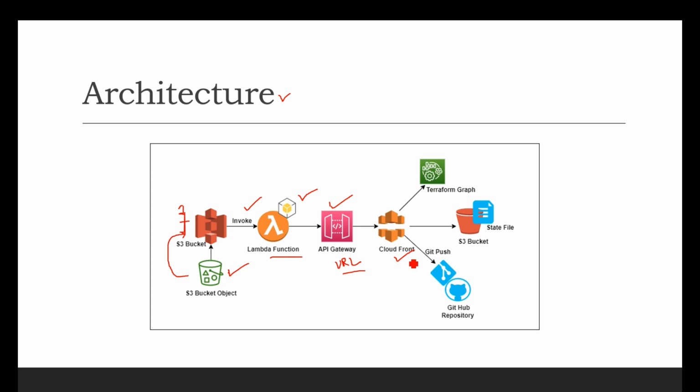So I'll use my content delivery network, CloudFront, as a cache service, and I will attach this API Gateway URL to CloudFront. Once this is done, we will get the CloudFront URL as a final output, and we can see the content written in the object over the CloudFront URL. So this will be the expected output.